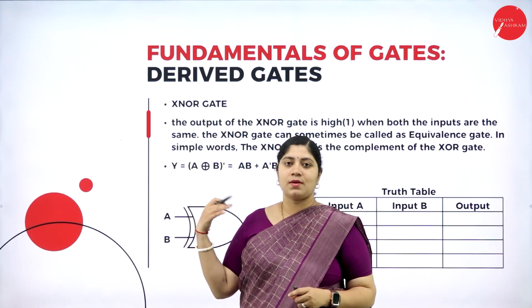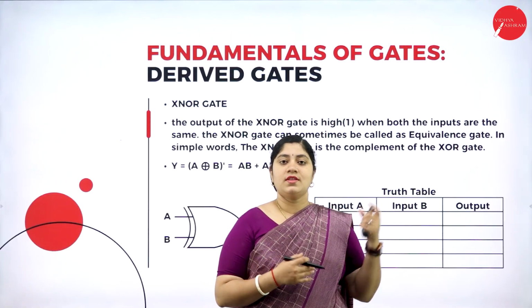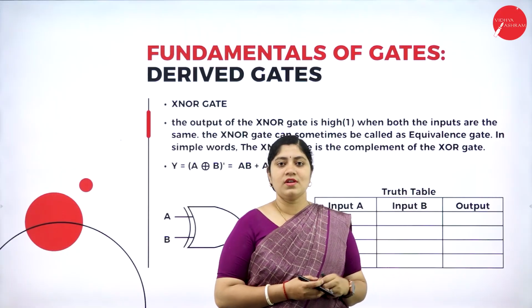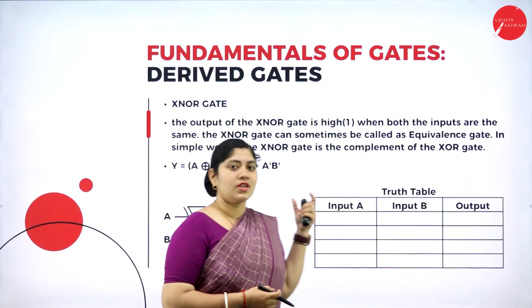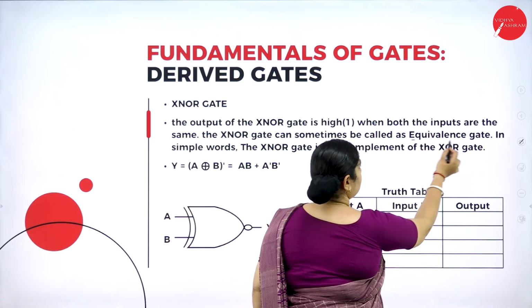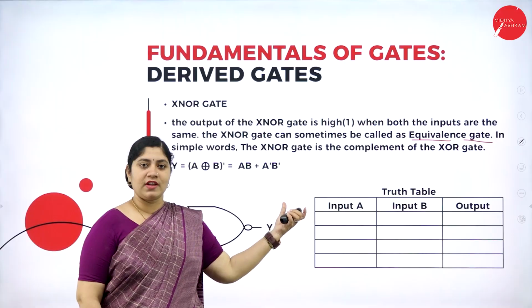But here it's completely an inverted case. Only when both the inputs are the same, the output will be high. So this XNOR gate is also called an equivalence gate. Please note that this is also called an equivalence gate.